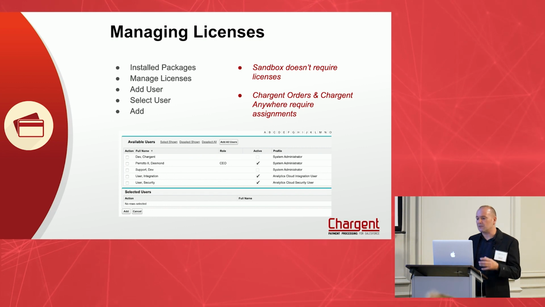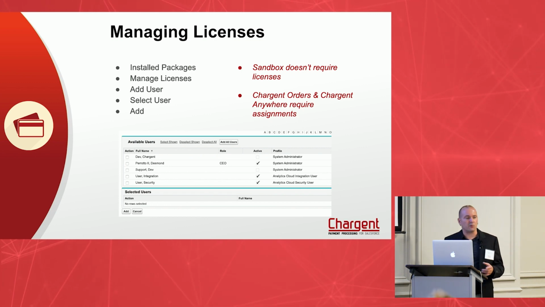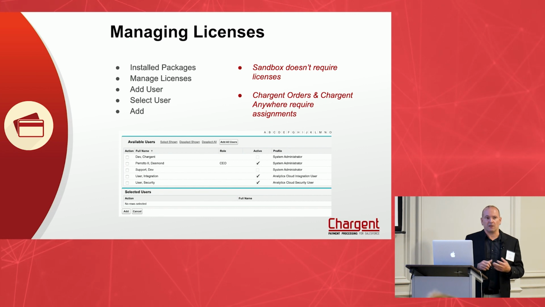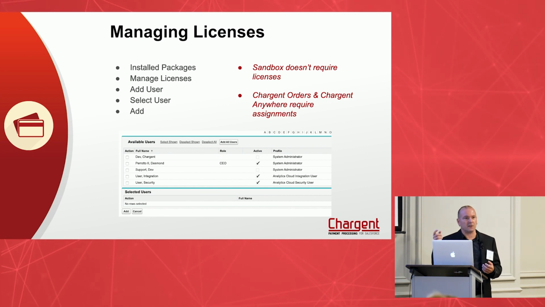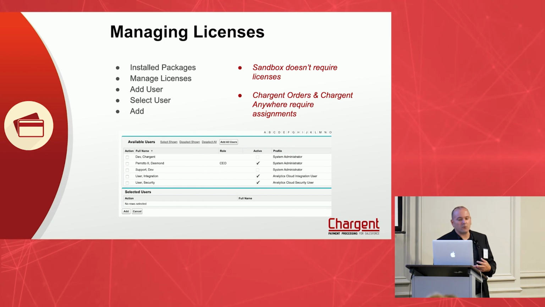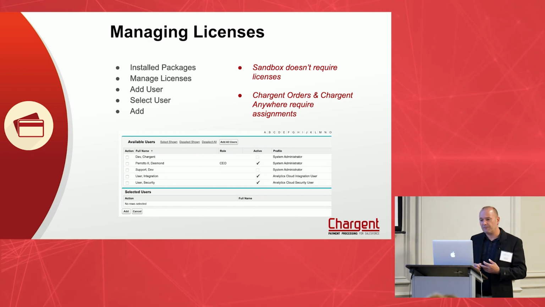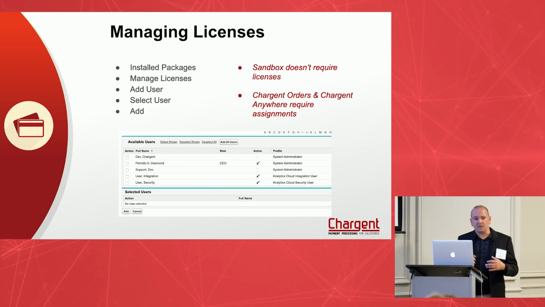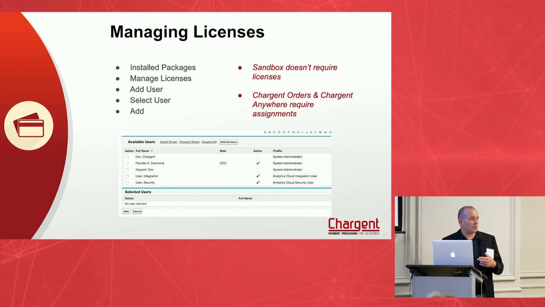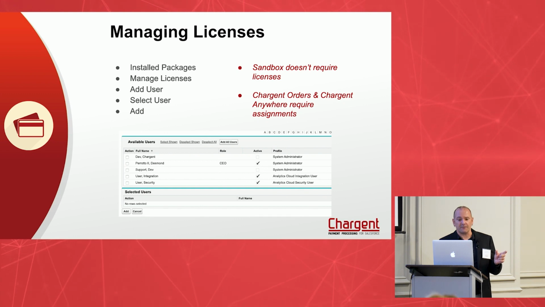Just to go over this, we're going to talk about it in theory, and then we're going to actually show you within Salesforce. To actually manage your licenses, you're going to go under Setup, so click on the little gear icon on the top right, choose Setup, and then search in the quick find for installed packages. There you're going to see the Chargent Anywhere and Chargent Orders object, and right next to it it's going to show you Manage Licenses.